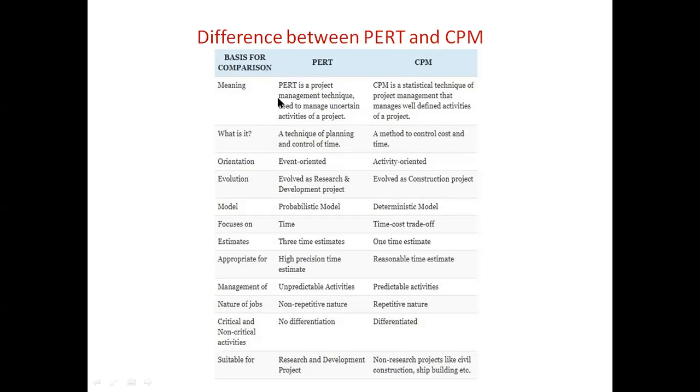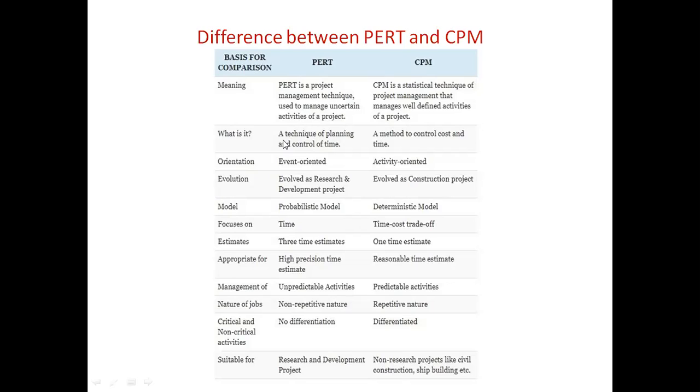PERT is applicable for managing projects which involve uncertainties during their execution. But CPM is used for projects where all the activities of the project are well defined.